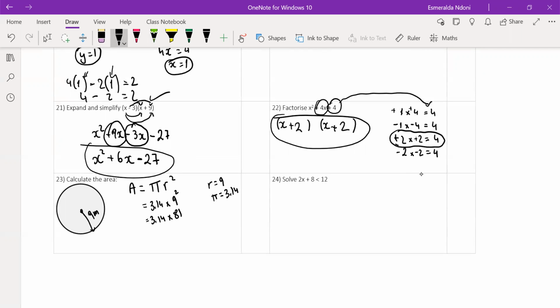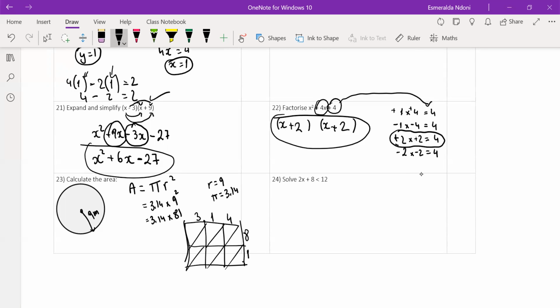That's 9 times 9. So what we need to do in here now, we need to do a gelosia. I have 3 columns because I have 3.14 and 81 on the other two. Let's split those up.